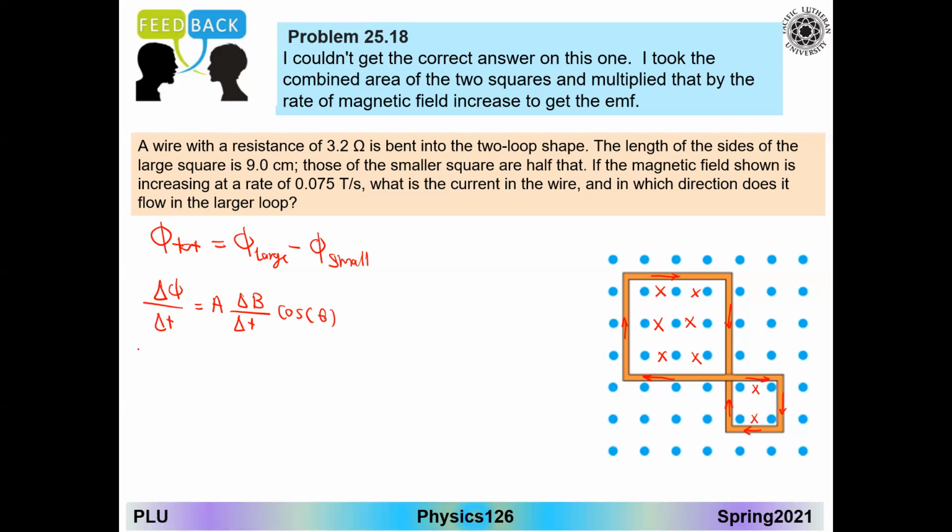So now we can write down the general EMF from these equations. This will be delta phi for the large loop divided by delta t, minus delta phi for the small loop divided by delta t.